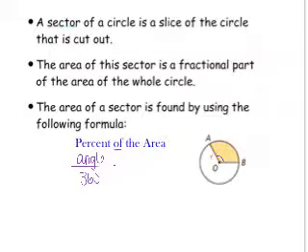The word "of" in math means to multiply. And we find the area of a circle by using the formula pi r squared. What this will do is give me the entire area of the circle, and then this gives me the percentage that's been cut out. So it's just like our previous lesson, but now we're using area instead of circumference.